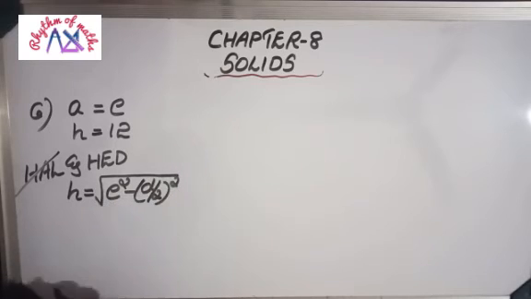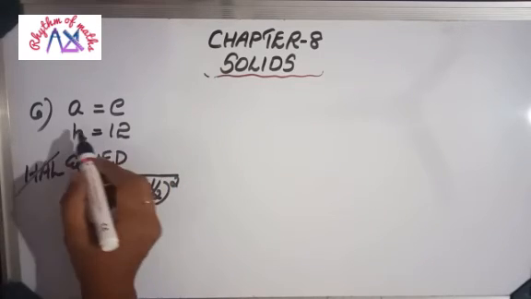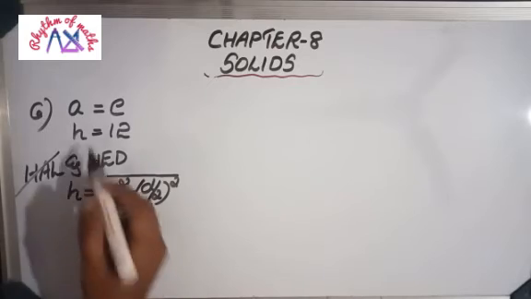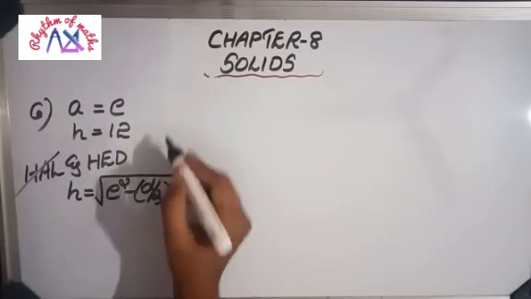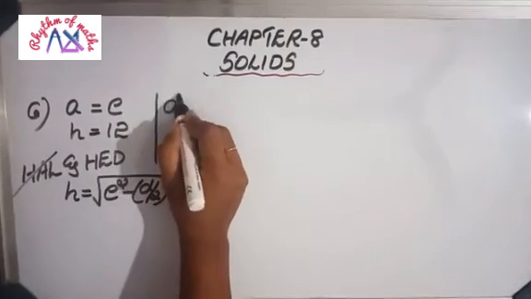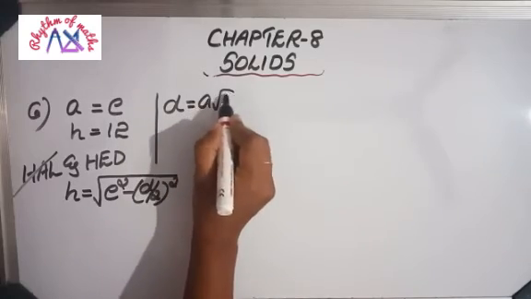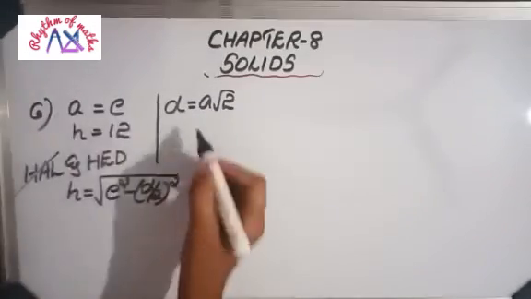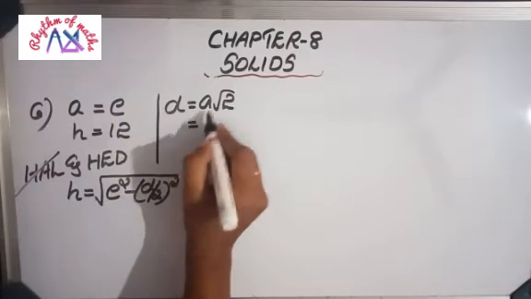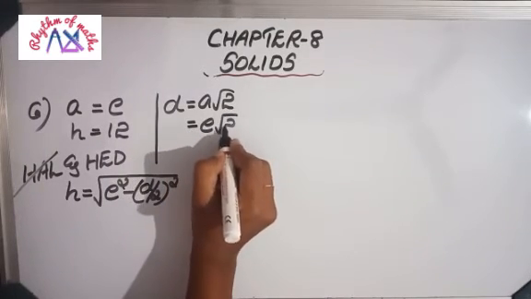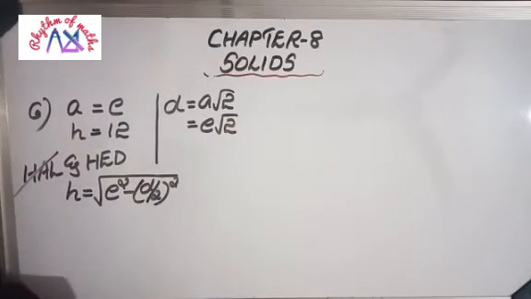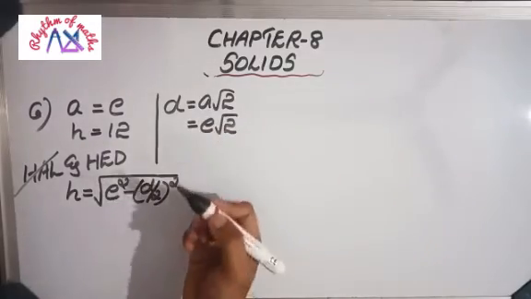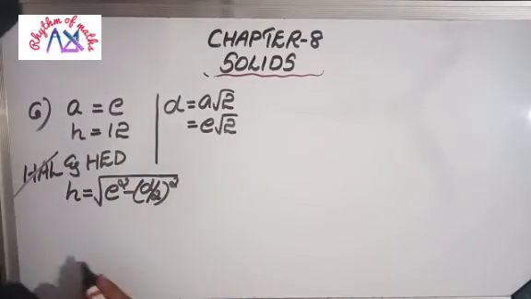Here d we can write from a, isn't it? a equal to e. That means d equal to a root 2. Since a and e are equal, we can write this as e root 2 also, because both the edges are the same value.